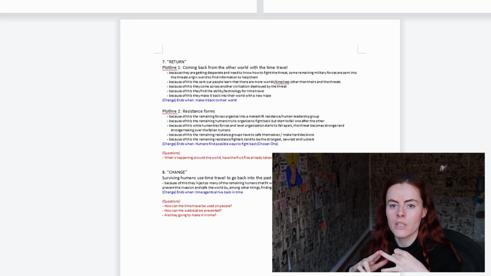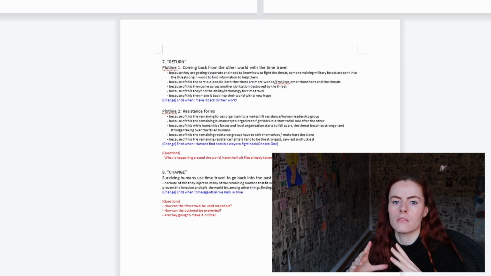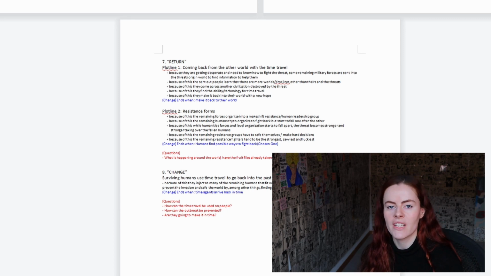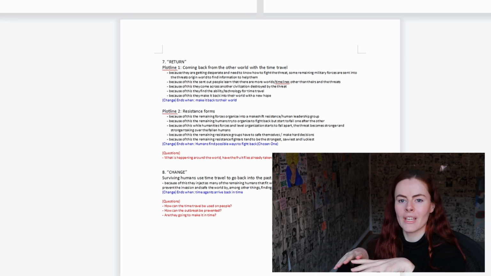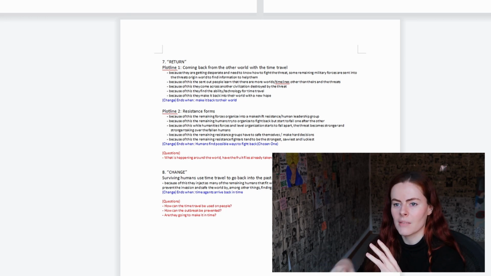Find out more about what exactly attacked them and try to prevent it from happening, and prepare for the case that they can't prevent the attack, so that this time at least they are better equipped to deal with it. So that's the plan that they have.